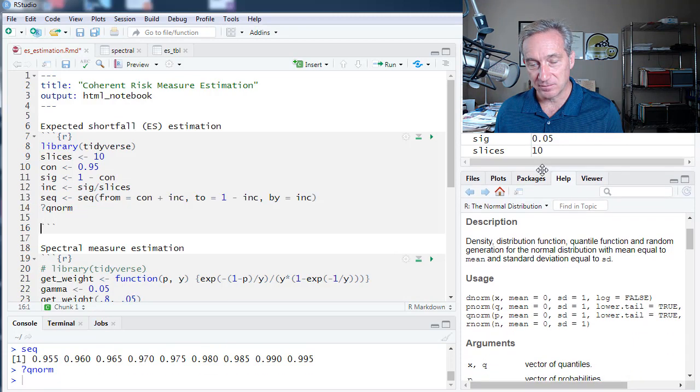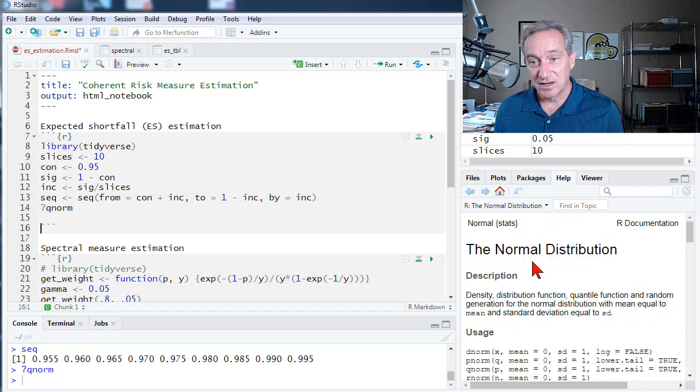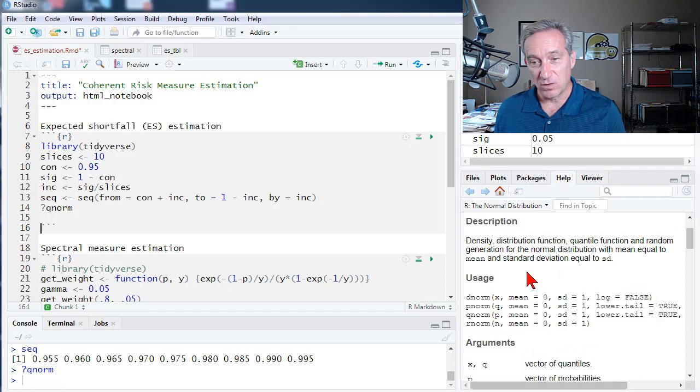Go over here, and you can see I get normal distribution. So I'm doing this procedure here with the normal distribution, but I have other parametric distributions available to me with equivalent commands. But you can see here with the qnorm here, what I'm getting is the quantile function.